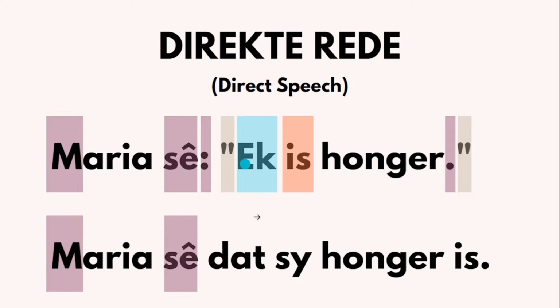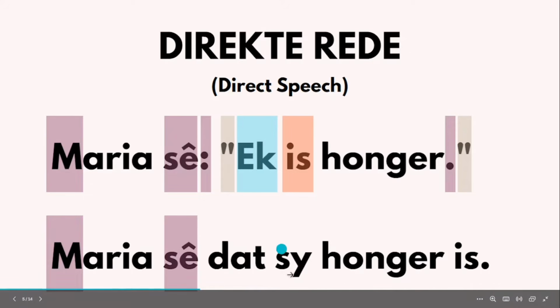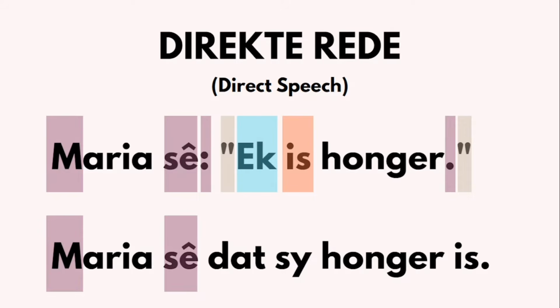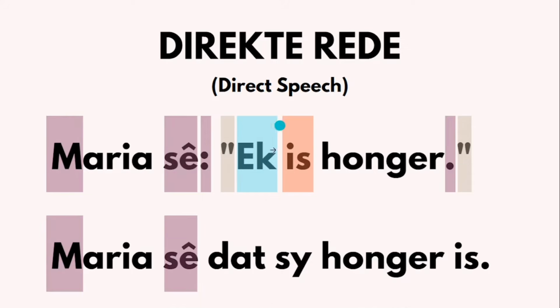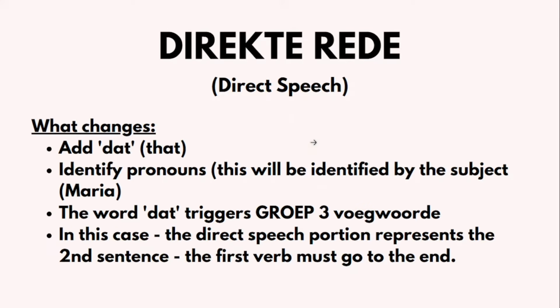Okay, so that's why "ek" needs to change to "sy". Why? Because Maria is a girl. So that's why it changes to "sy". Otherwise, you would have said, Maria said that Maria honger is. We don't do that. Okay. And then the next thing I want you to see is that "is" is our first verb.